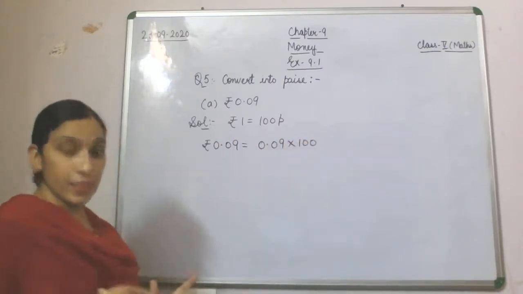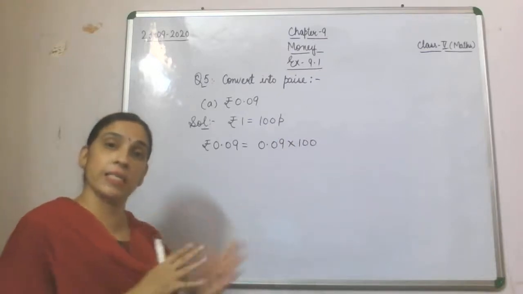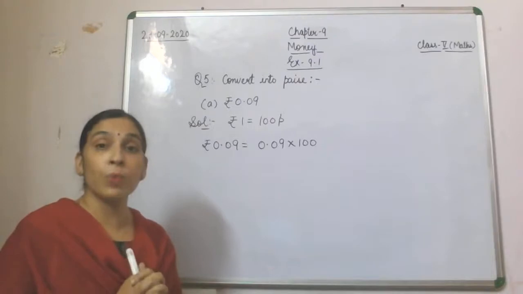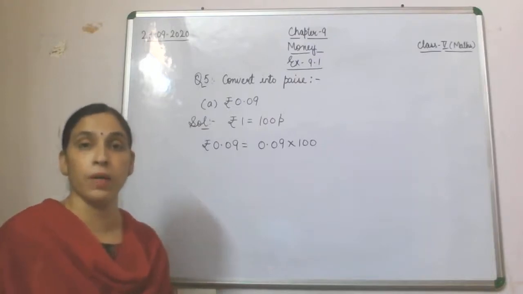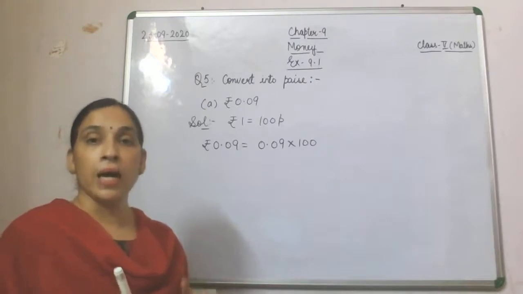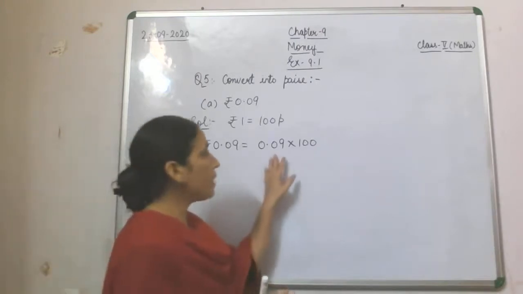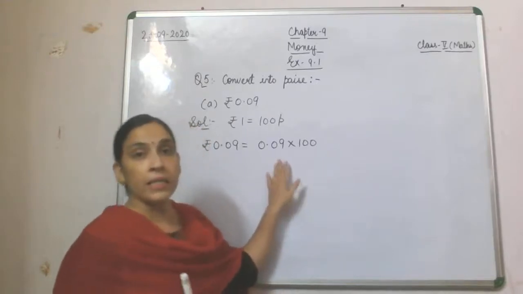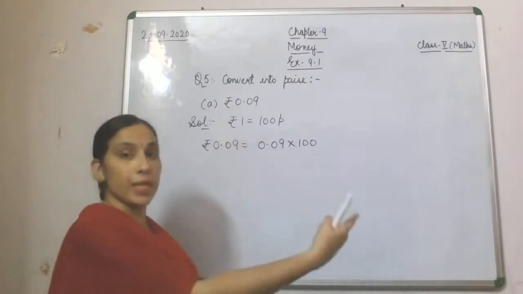And this multiplication of decimals we have seen in the decimal chapter: whenever we are multiplying any decimal number by 10, 100 or 1000, if we are multiplying it by 10, then the decimal will shift one place towards the right.